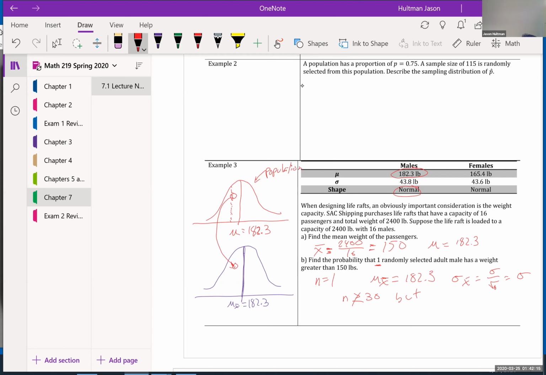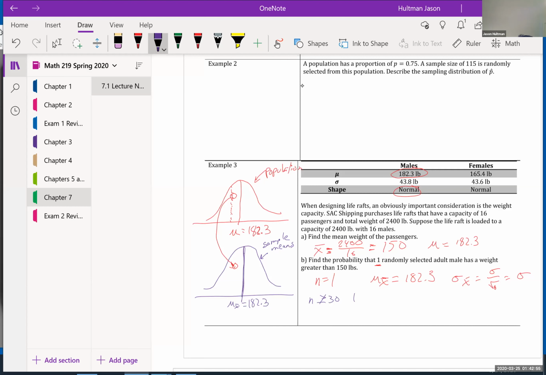Okay, so the sample means here are just a one-to-one correspondence to the population. So this is the distribution of the sample means down here. Let me write that a little bit better. And again, we see that here n is not greater than or equal to 30.